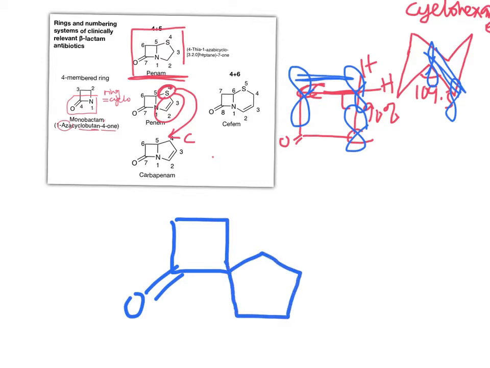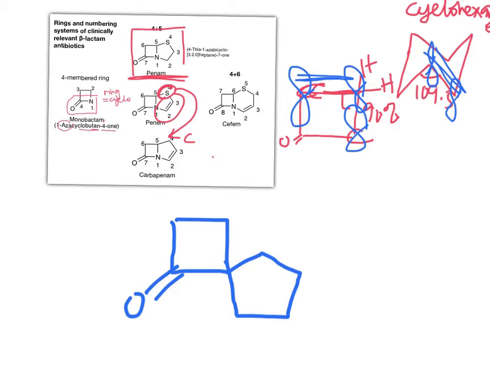Okay, so this is okay, in a sense. This is a bit strained, and here is a bit strained. The 4-membered ring is more strained than the 5-membered ring. But the electron clouds are actually far away. It's too far away, in a sense.